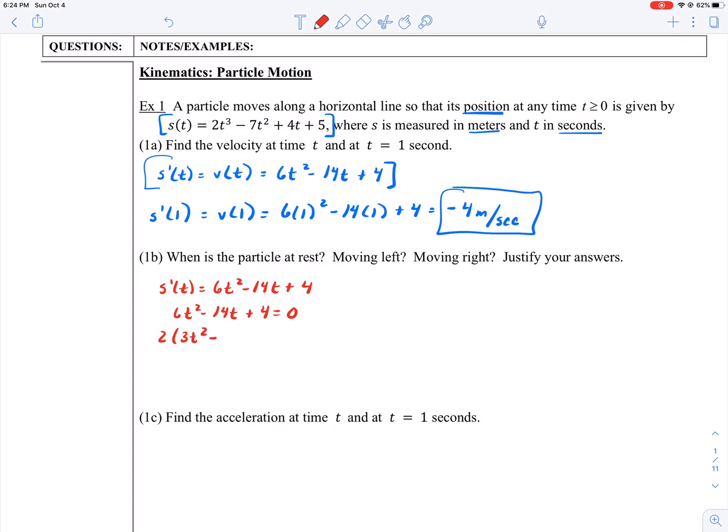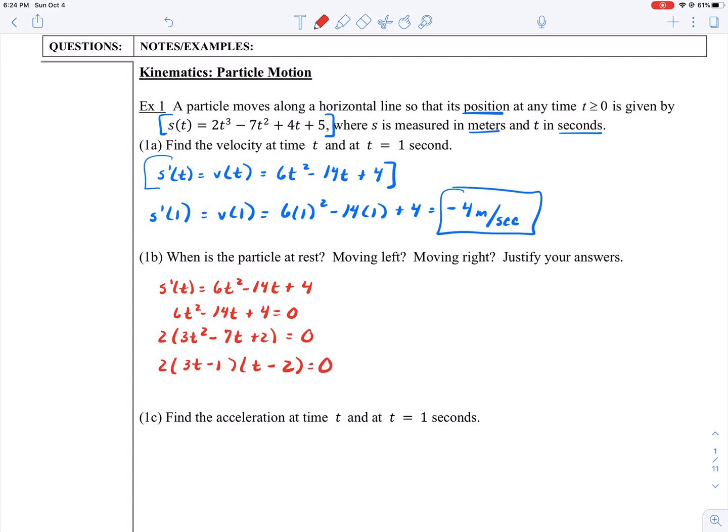If I do not get the GCF out, this is going to be a very tricky situation. Then this does factor. I'm going to have a 2 and a 1 here, and it's just the order in order to get to a negative 7. That's what I'm looking for, and the sign does have to be the same. So this is going to end up being a negative 1 and this is going to end up being a negative 2.